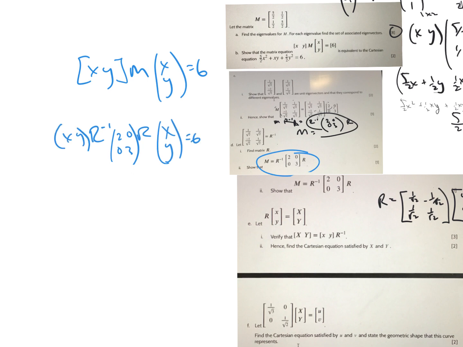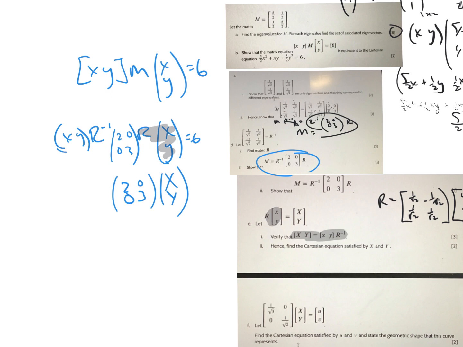xy. Well, I just learned, if I look carefully over here, that rxy is big xy. So 2003 is big XY, and I also know from over here that big XY is equal to that.